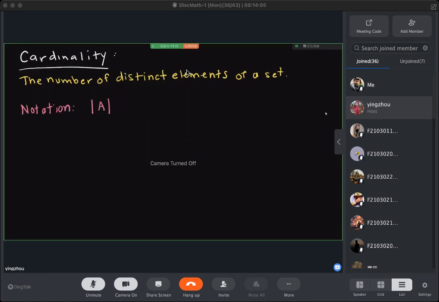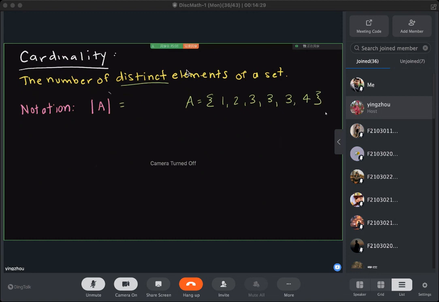So now we want to talk about cardinality. Cardinality is essentially the size of your set. So cardinality is the number of distinct elements of a set, and of course, distinct is important here. Let's say set A is 1, 2, 3, 3, 3, 4.